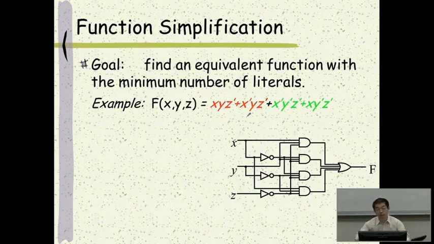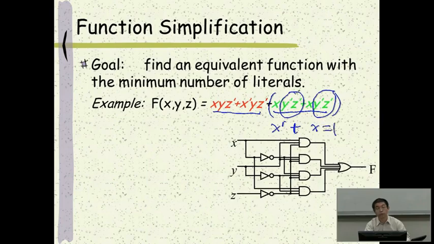However, if I take a look at this, I see that these 4 terms can be paired up in red and green. So for example, in the green terms, these 2 terms share y prime, z prime. The difference here is the first term is x prime, the second term is x. So when we do x prime plus x, we know this is 1.